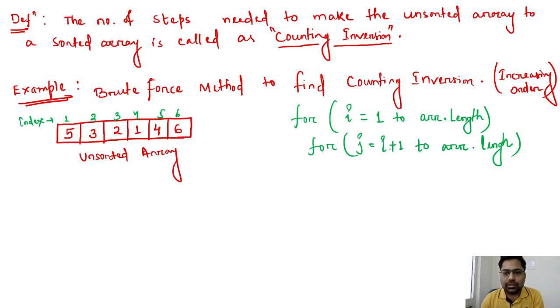If you started from 0, it would be written as array length minus 1, so you get 5 instead of 6.